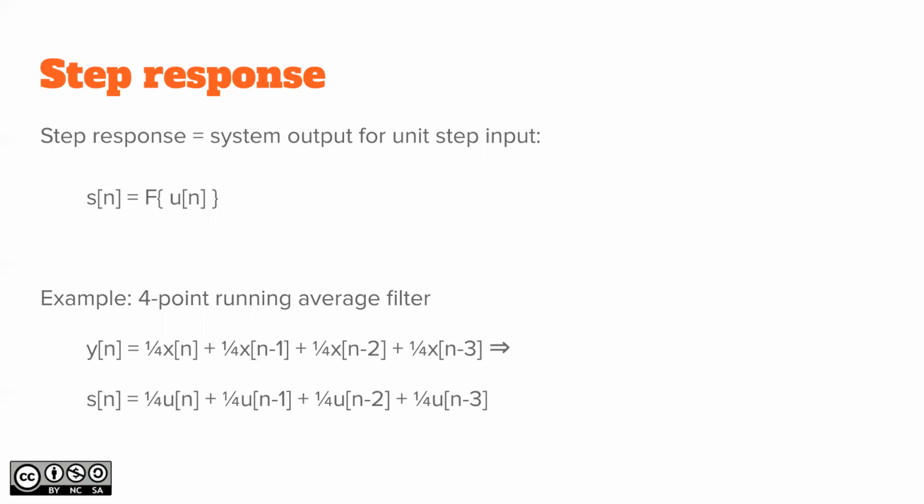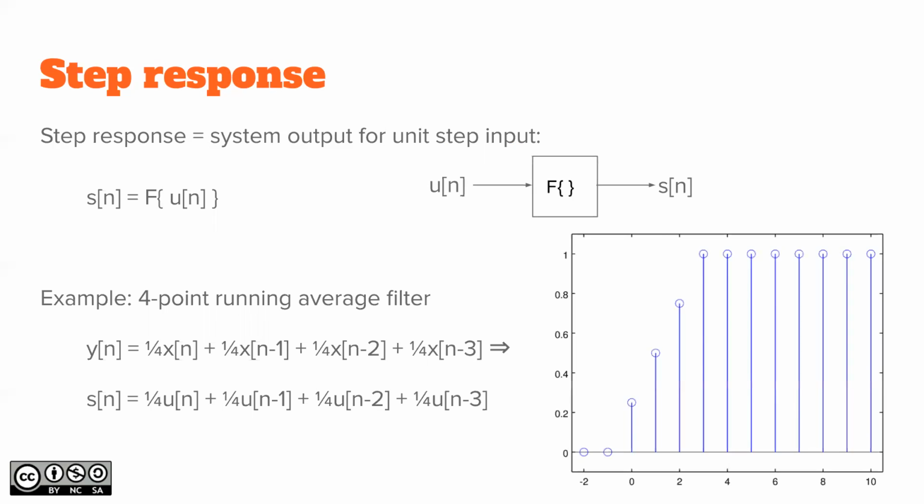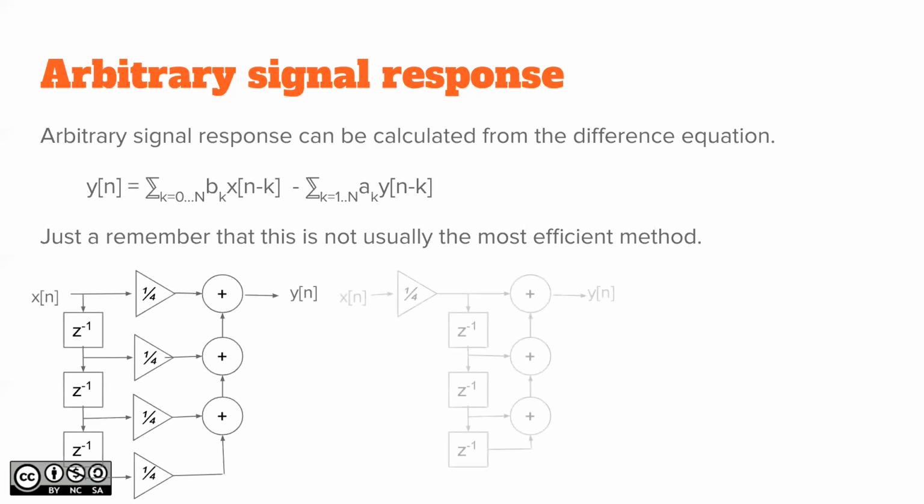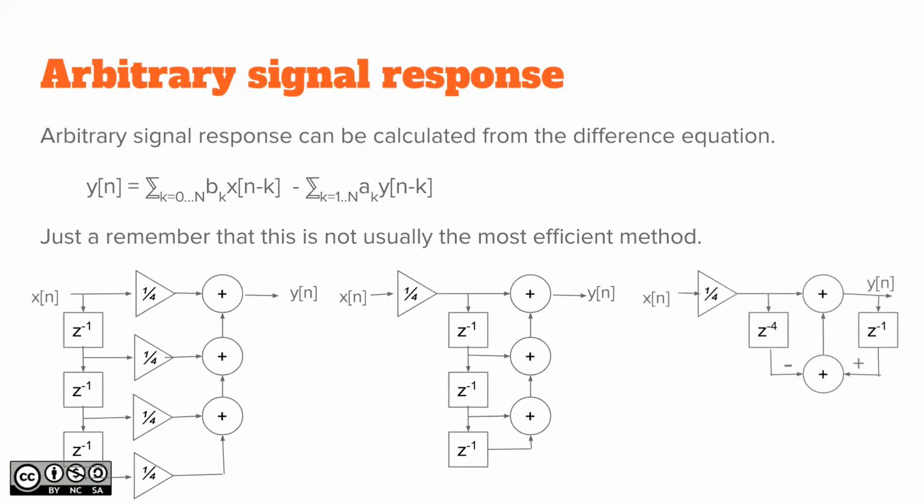So basically you can compare a digital domain system with the analog domain system by just measuring the step response of both of them. Arbitrary signal response. Yes, it can be calculated from the difference equation. Just remember that it's not the most efficient way.